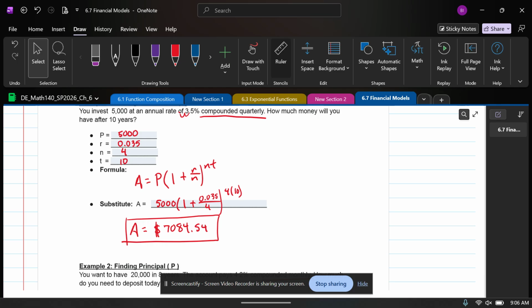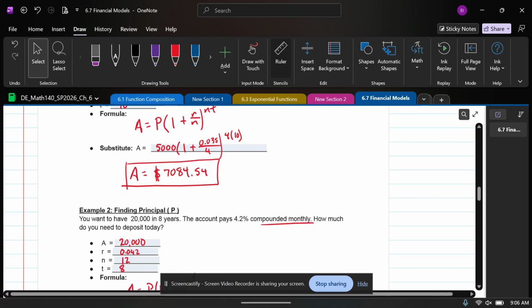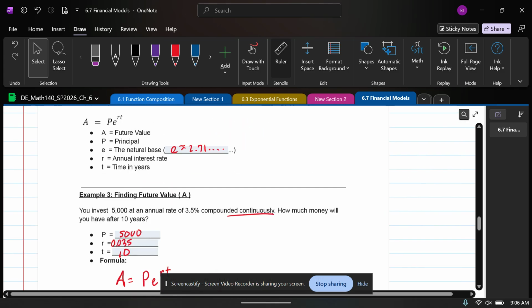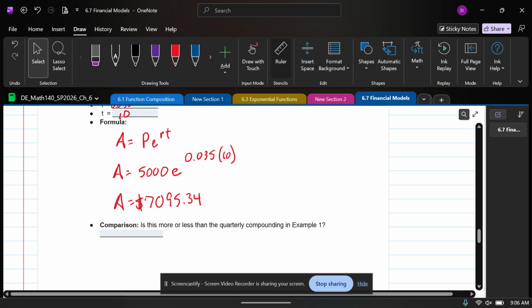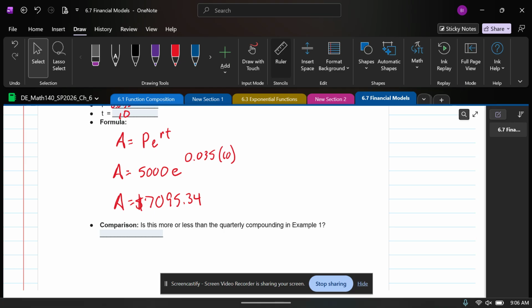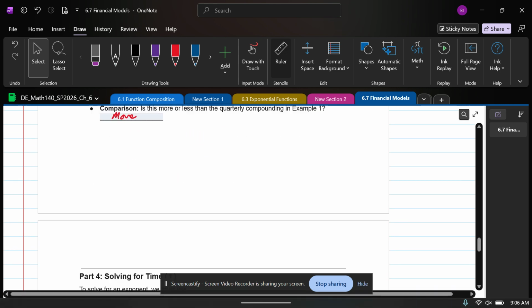In 20 years we're going to gain not $22, but more than that. Compound interest adds up quickly. The bigger our investment is, the more we're going to gain out of that. So continuous interest grows a little bit faster because your interest is being put back into the account more often. So this is more than we got with compound interest.